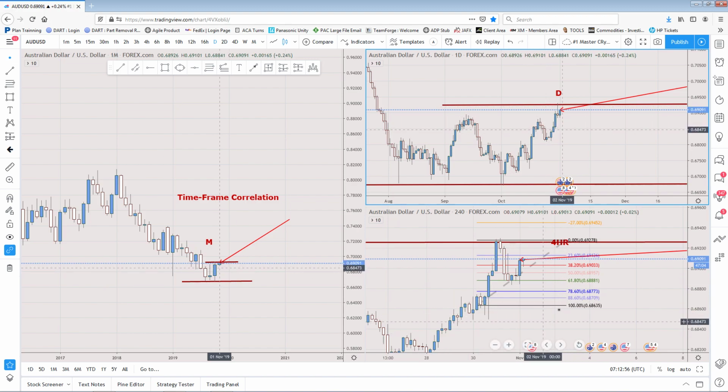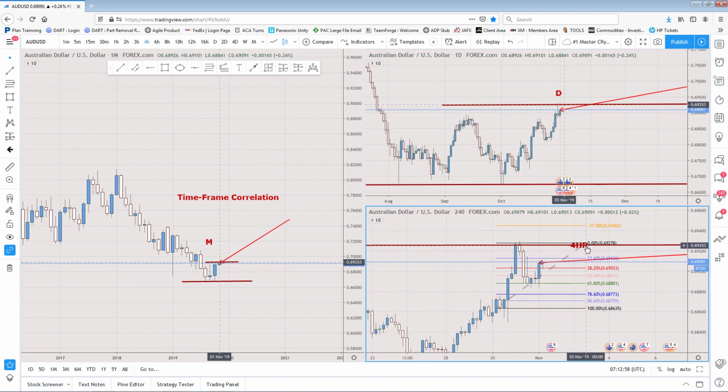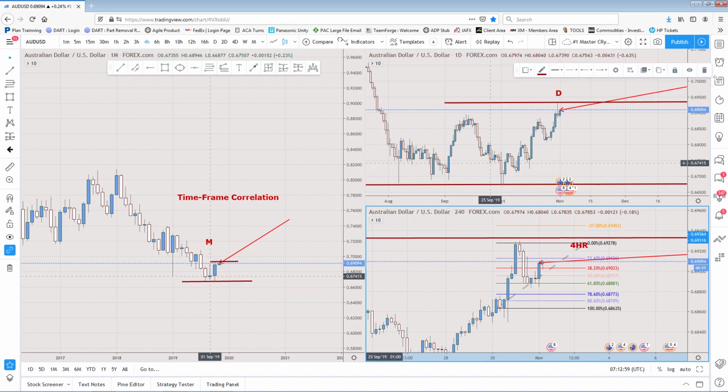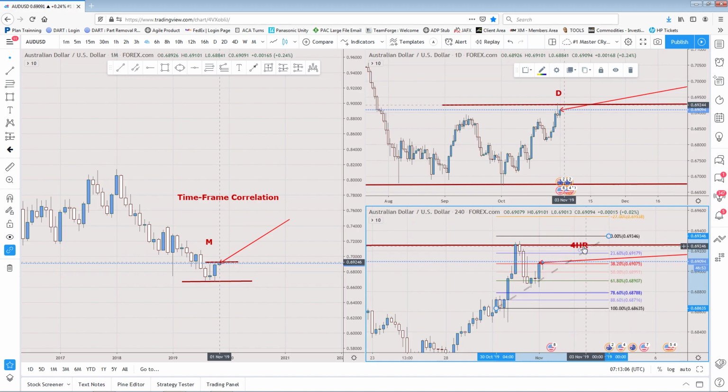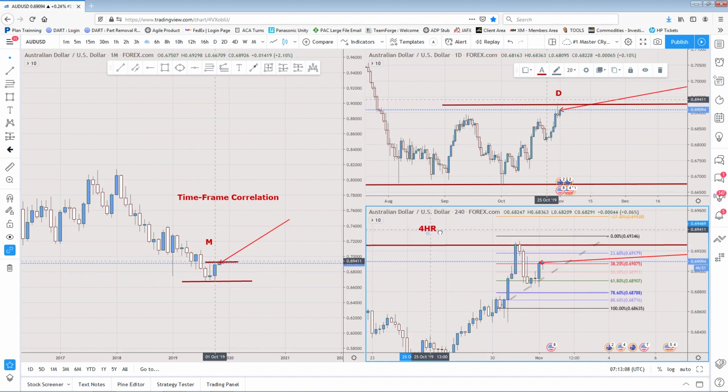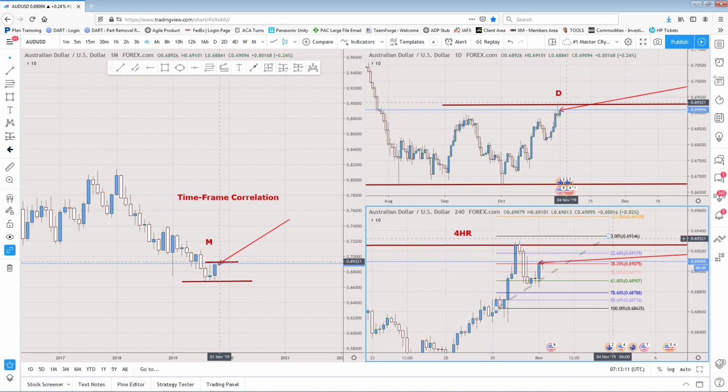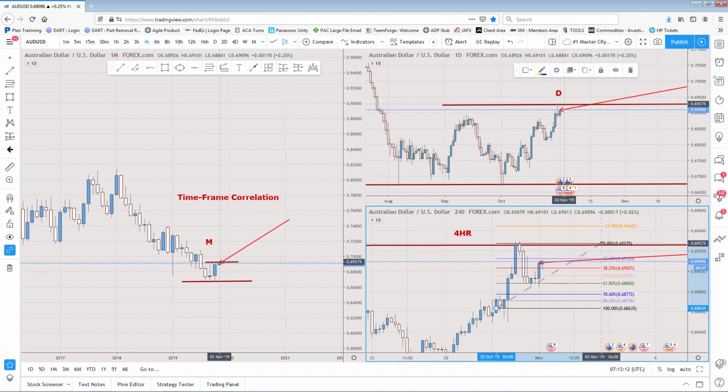That's why I love the 4 hour. So on the 4 hour chart, one second, sorry, I'm trying to move this guy here. So in the 4 hour chart, we can see our fibs.